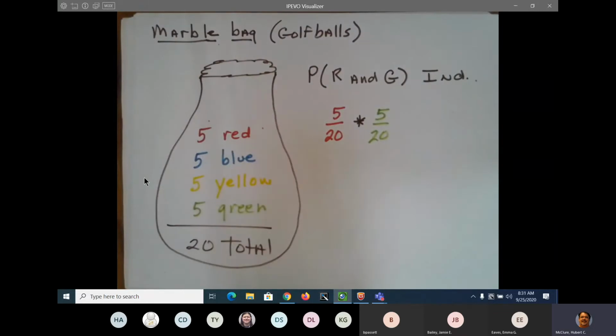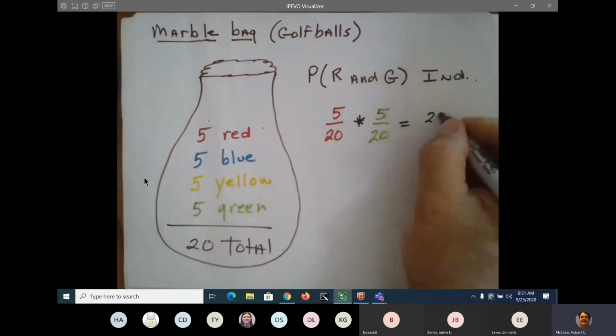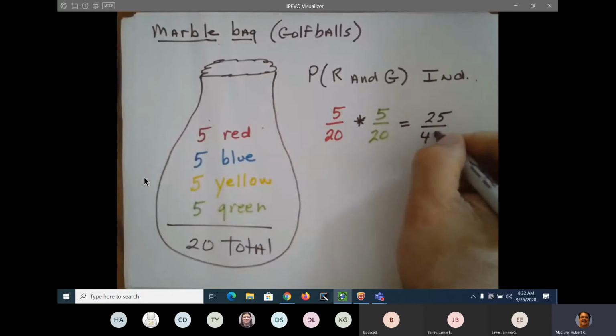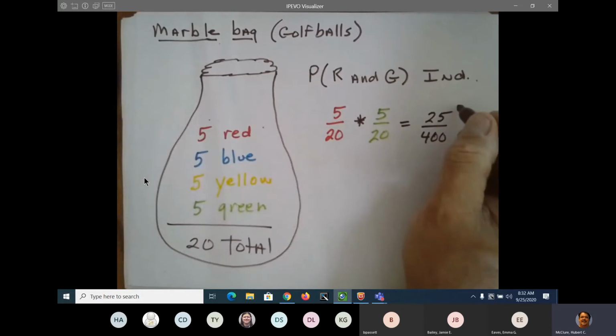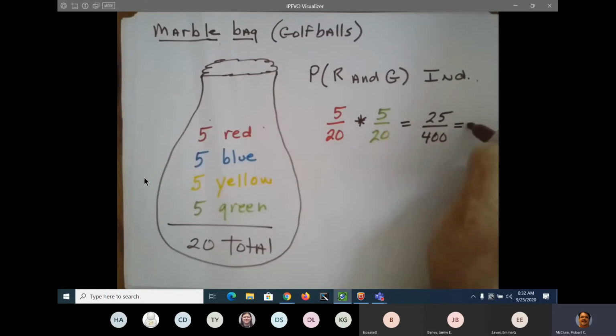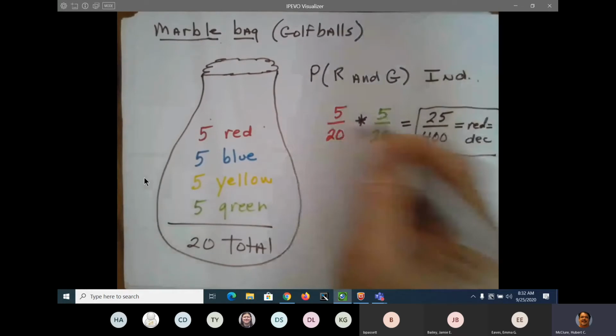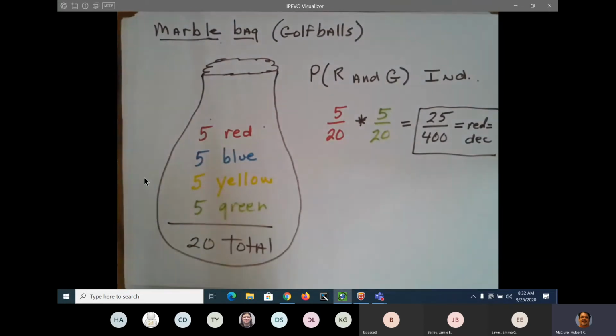And 5 times 5 is 25, and that equals 25 over 400. And I don't really care about that. You know, you can reduce and write it as a decimal. That's fine. I'm just showing you how to do the multiplicative law. Okay.